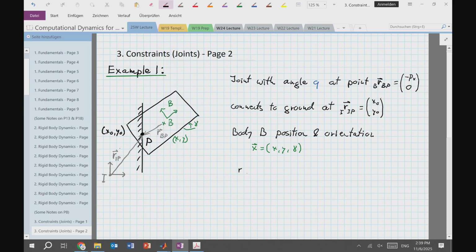And to link this with what we had done before, I would say the position of point B, or the relative position of point B, is given through the coordinates x and y.